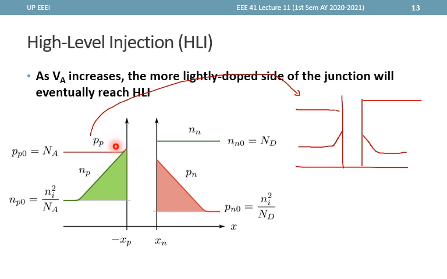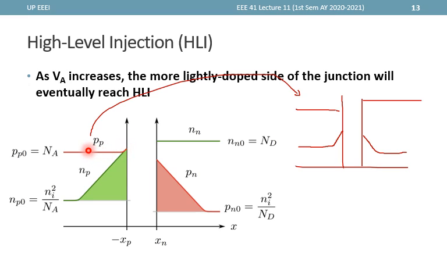And why does their value change? That is because to maintain charge neutrality within the quasi-neutral region, if there are too many excess minority carriers, then the majority carriers will start increasing to maintain charge neutrality.